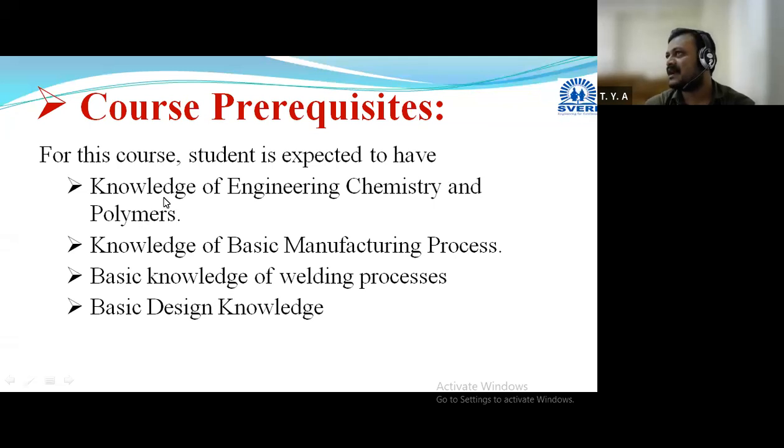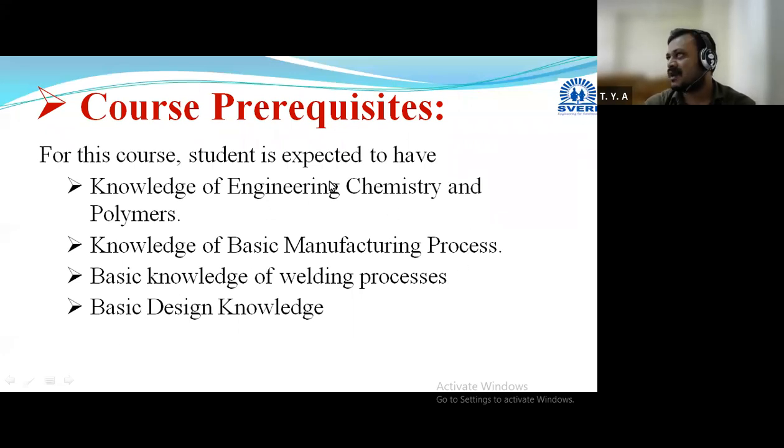These are the subjects: engineering chemistry, then some introductory knowledge towards the polymers, then basic knowledge of manufacturing processes, then knowledge of the welding processes, and some basic knowledge related to the design. These are our prerequisites. If you are not aware of these things, please try to take one revision on this, so that you will understand the plastic engineering subject in a good manner.